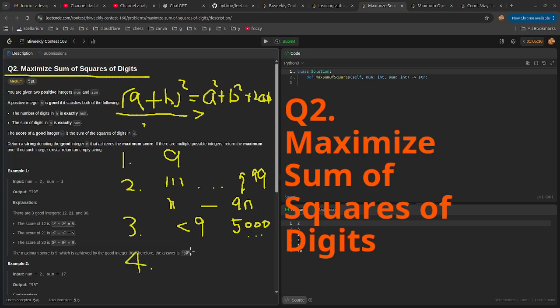Next case is if the sum is greater than 9, then we can check how many 9s we can get, with the remainder and followed by zeros. That will be the approach in all cases for this problem.